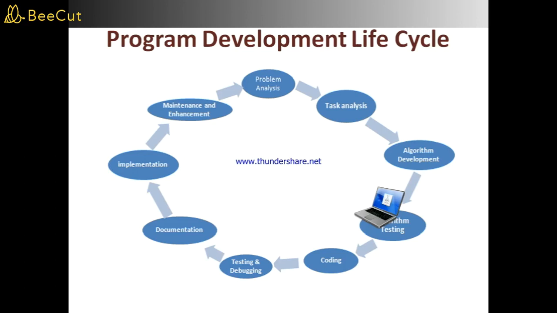Based on the feedback from the users, the programmers can modify or enhance the program. So that is the implementation stage. Once the implementation is completed, we need to maintain or enhance the entire system.